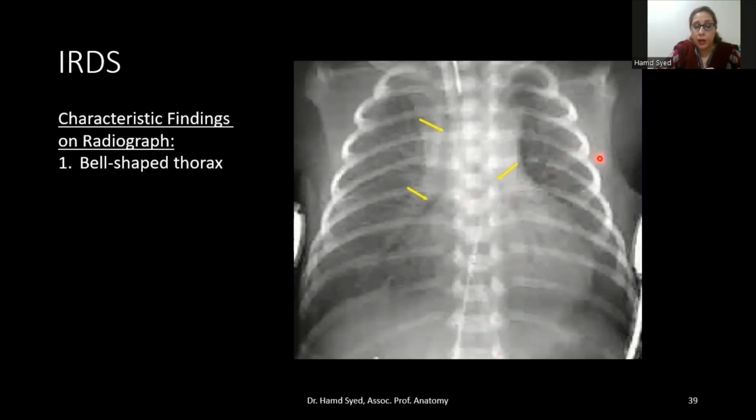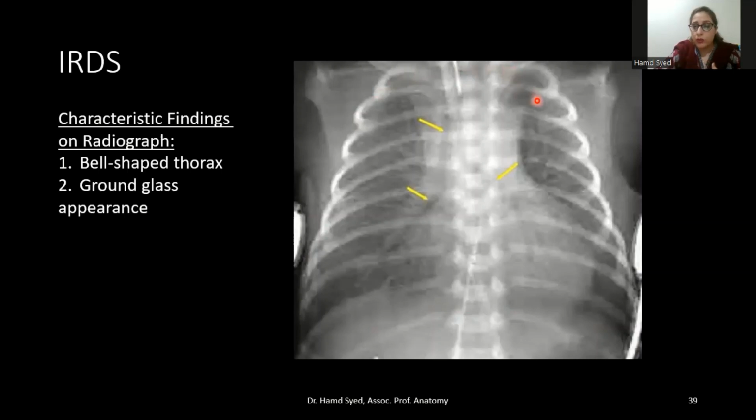The lungs are hypoaerated, meaning they're underinflated, and the volume is going to decrease. This causes the appearance of a bell-shaped thorax. Now, what do we mean by bell-shaped thorax? When the superior aperture is narrow and the inferior aperture is broad, this gives a bell-shaped thorax.